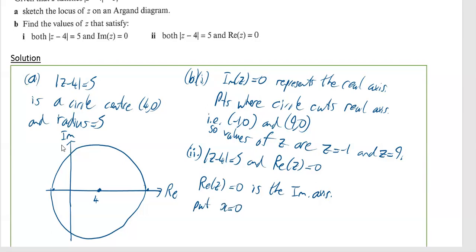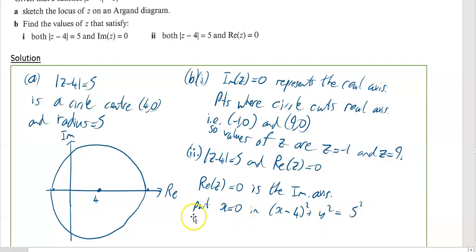So what we have got is an equation of a circle. Remember, the equation of the circle is x minus 4 all squared plus y squared is equal to 5 squared. That's the equation of this circle, because it's a circle which has center 4, 0 and radius 5.